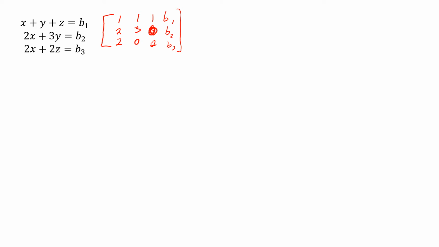So what do we do? We row reduce to get to echelon form. So let's try to bring this down to echelon form. Let's start by noting that we have our first pivot point here. So we're going to turn everything underneath that into a 0. If we do 2 row 1 minus row 2 as the new row 2, we end up with 1, 1, 1, b1.